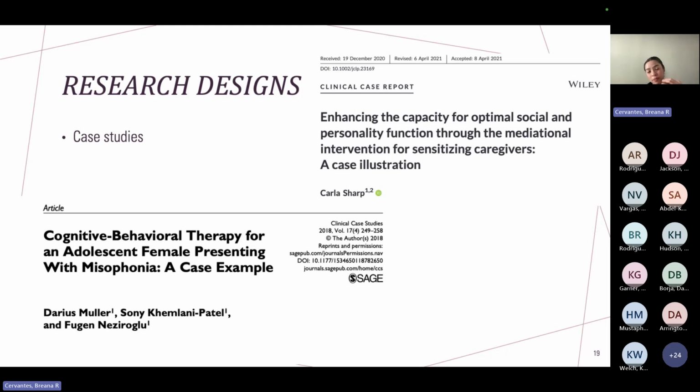And so there's this client that I had worked with who came in because he has autism, he's higher functioning. But one of the things that was really impairing for him day to day was misophonia. So not only was he in his 20s, not only was he on the spectrum, but he also had this misophonia condition that he really wanted to treat.